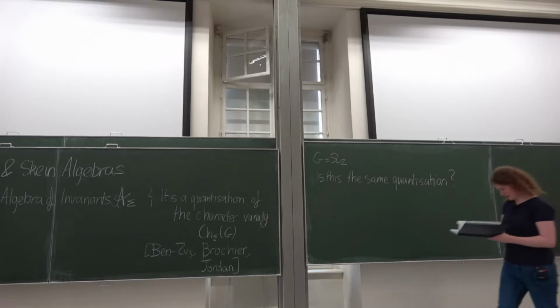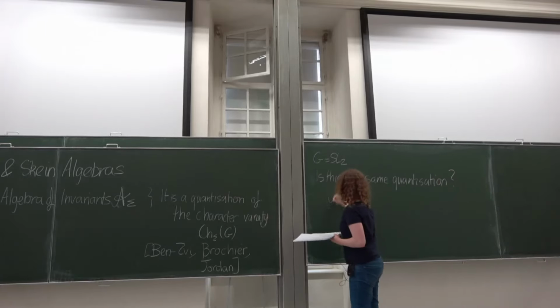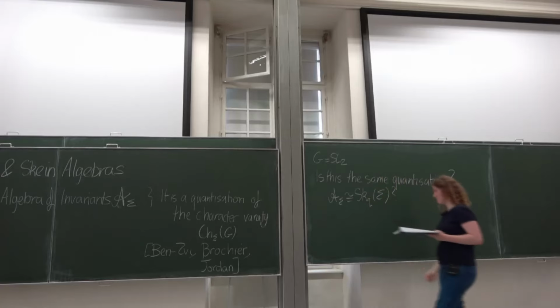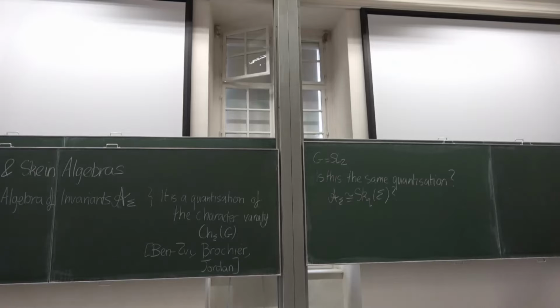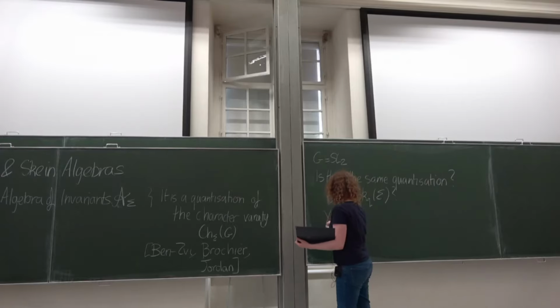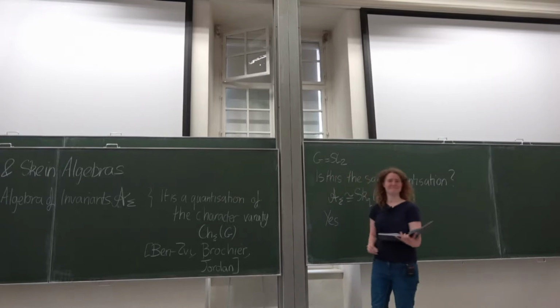I.e., is script A in fact just isomorphic to the Kauffman bracket skein algebra of the surface? Or do we get something different? And the answer is hopefully yes.